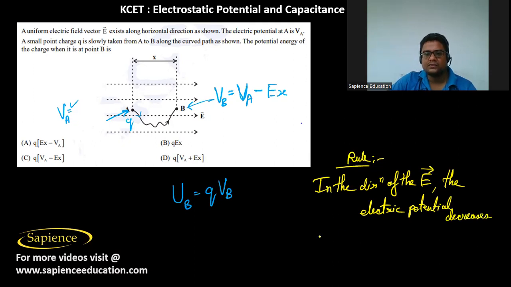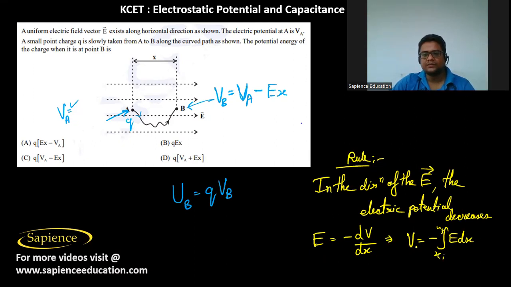For this reason only, the electric field is given as minus dV by dx, so V will be equal to minus integral E dx from x initial to x final, which gives V final minus V initial.